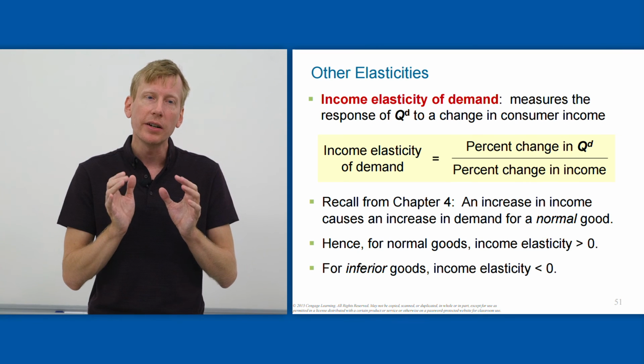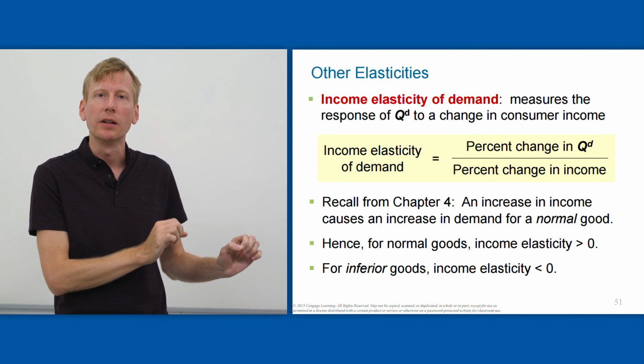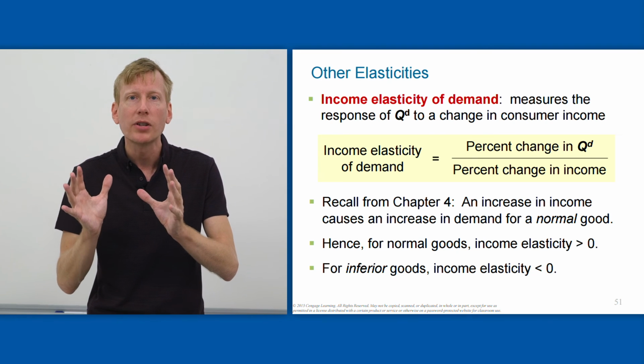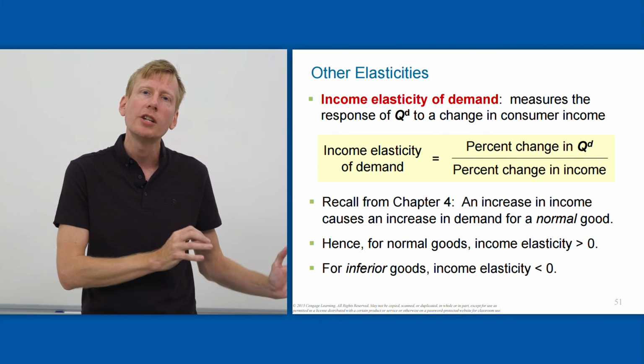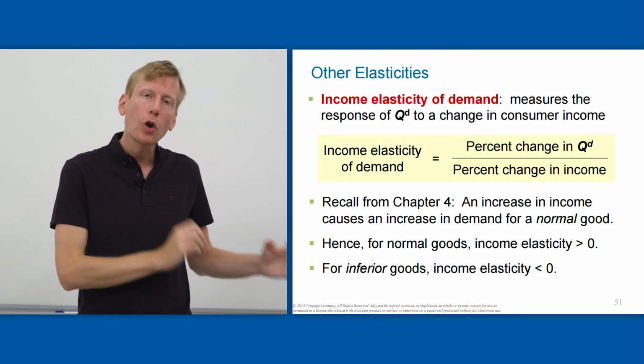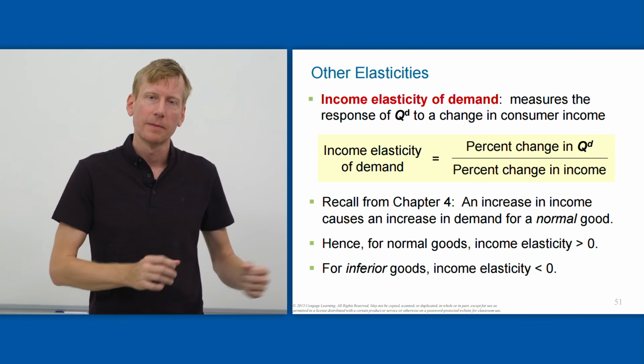Those goods are inferior. It's a specific type of a good, which is of very low quality. It's not bread in general. It's low quality, cheap bread. It's not noodles in general. It's low quality, cheap noodles.